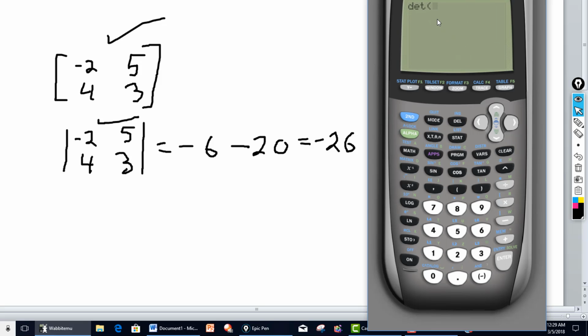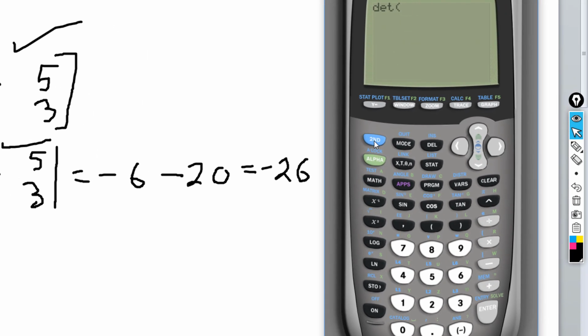Okay, so then I'm going to enter these components. And the way it's done on the TI-84, we start off with brackets. So I hit the second key here, and then here where the times symbol is, that's the left bracket.